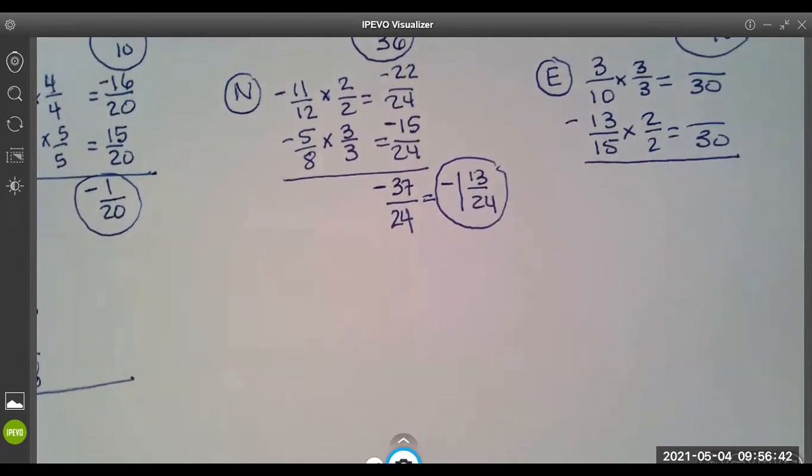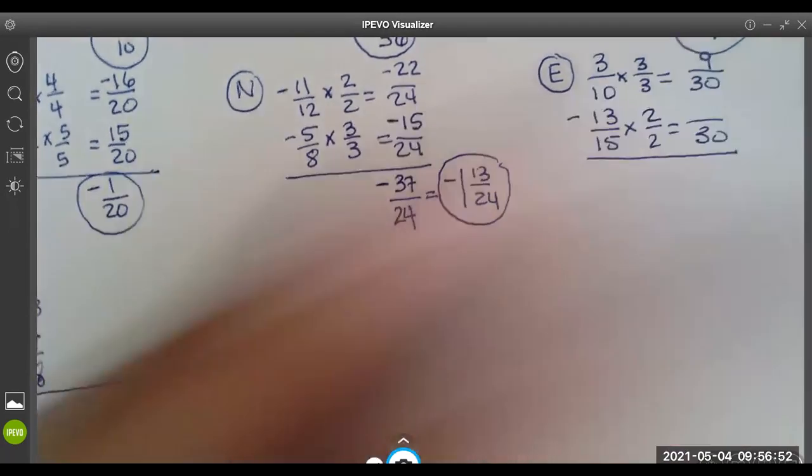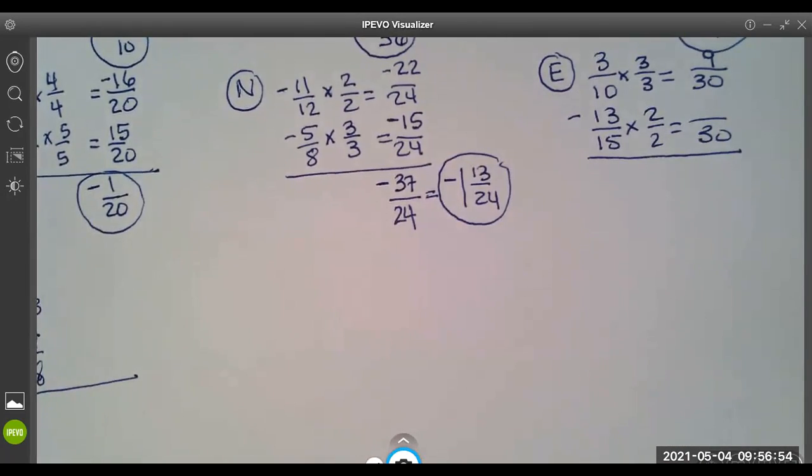So what are our new tops? What's the top fraction going to become? Not 3 out of 10, but what? 9 out of 30. And the bottom one, not 13 out of 15, but I don't think 13 times 2 makes 10, guys.